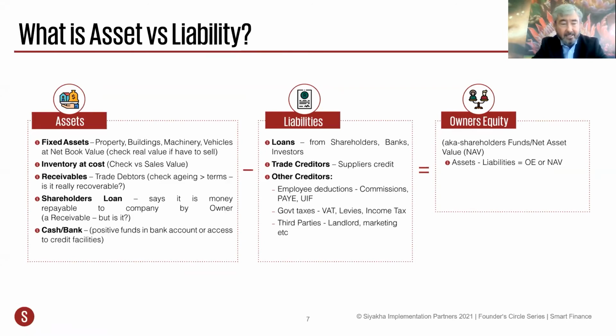So I've bought things, I've sold things, I've got cash that can come into my business versus the cash that I need to pay out. And if I did that today, what would my net position look like? And that's really where your owner's equity comes in. So assets minus liabilities, as you can see there, equals your owner's equity. So what's due to me as the owner, what's left for me in my business if I did this assessment.